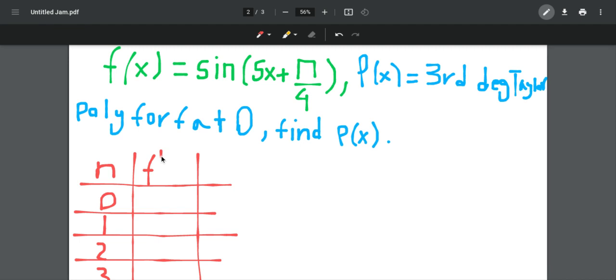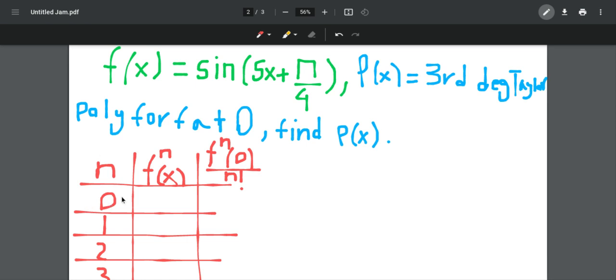We call this the nth derivative of f evaluated at x, which in this case we know that x is 0. And then, of course, the formula for Taylor polynomials, which is the nth derivative of f evaluated at x divided by n factorial, which in this case we can simplify to the nth derivative of f evaluated at 0, divided by n factorial.